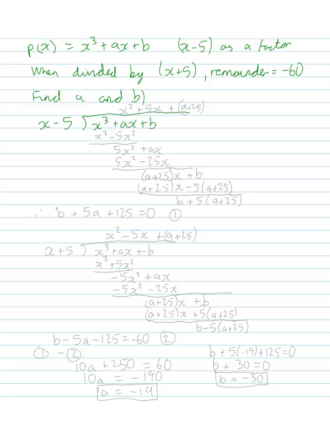First up we are going to multiply by x squared, and that will give us x cubed minus 5x squared. When you subtract out, you get 0 for the cubes, and then you get plus 5x squared because it's minus minus. Now you bring down the ax here.